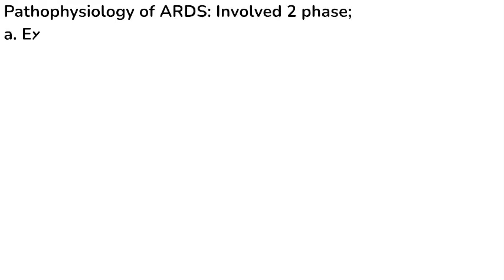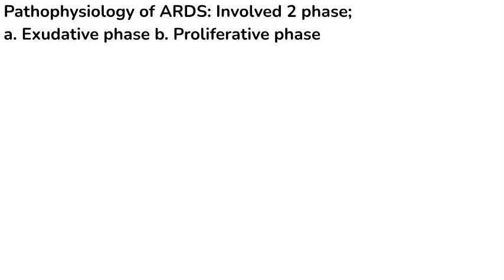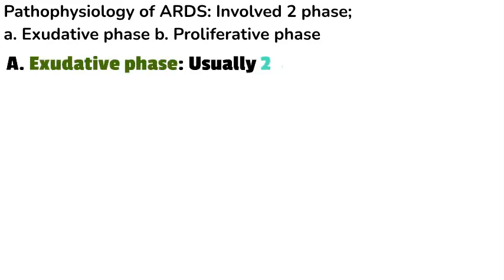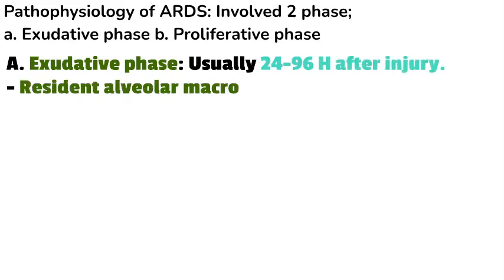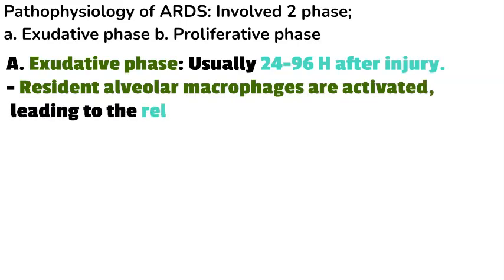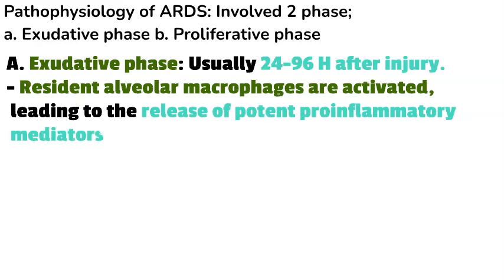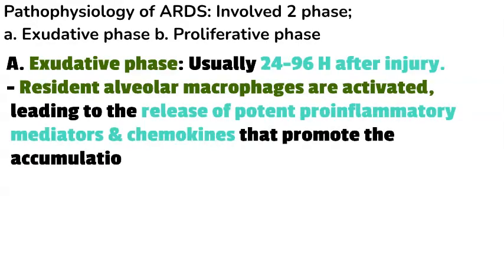Pathophysiology of ARDS involves two phases: A. Exudative phase, B. Proliferative phase. A. Exudative phase, usually 24 to 96 hours after injury. Resident alveolar macrophages are activated, leading to the release of potent pro-inflammatory mediators and chemokines that promote the accumulation of neutrophils and monocytes.